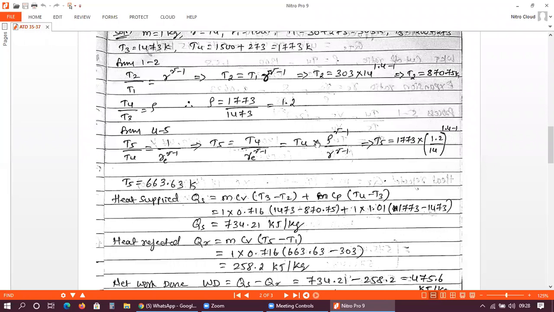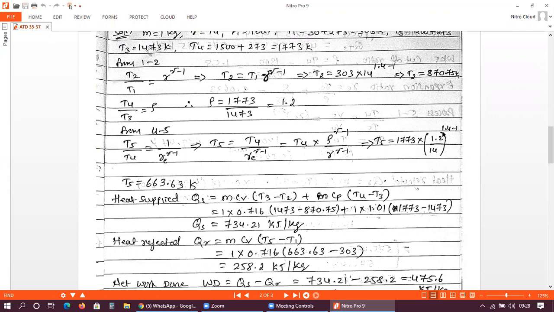So you will get, substituting these values, T5 is equal to T4, which is 1773, multiplied by rho, which is 1.2, divided by the compression ratio, which is 14, raised to gamma minus 1. The gamma value is already 1.4, so 1.4 minus 1.